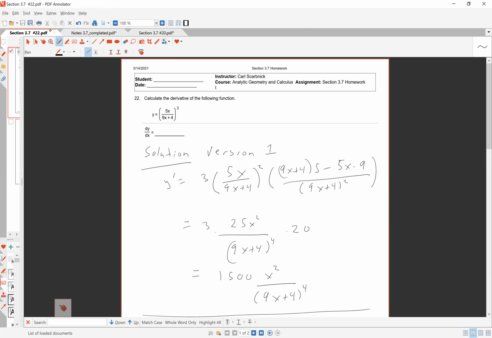So let's just drop down, right? We're just going to drop down the 3 and we write 5x over 9x plus 4.